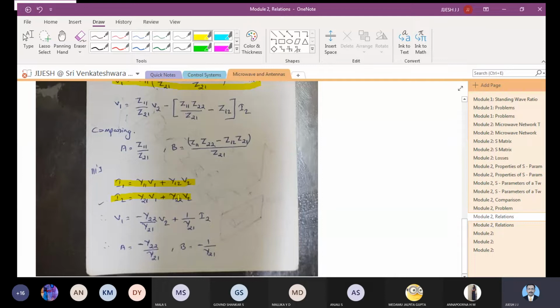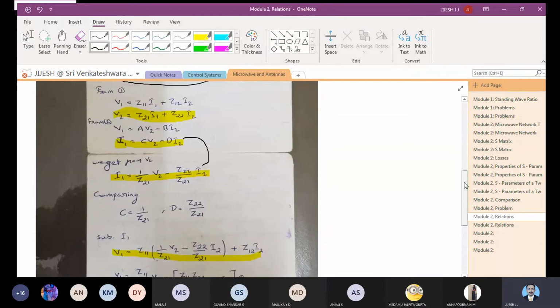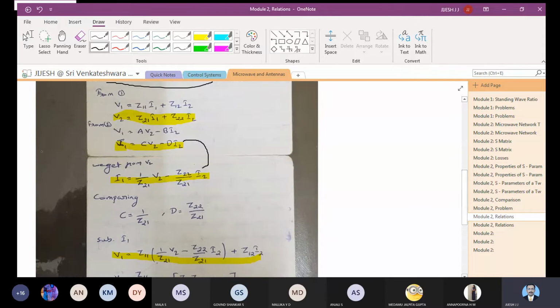What we are going to see here is that I am going to take the equation, convert it, and write it in this form. I am going to take V1 equal to, because you know that if you compare this with ABCD, you need it in terms of V1 and I1.